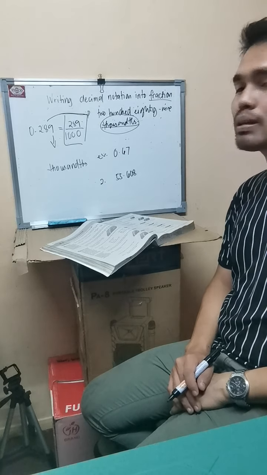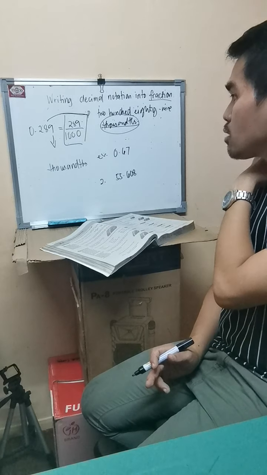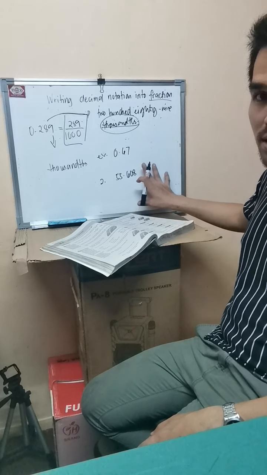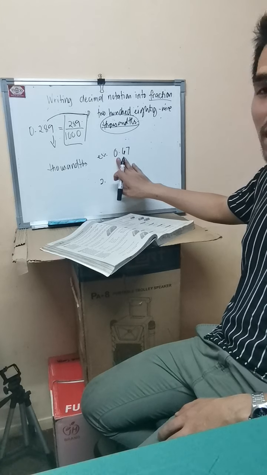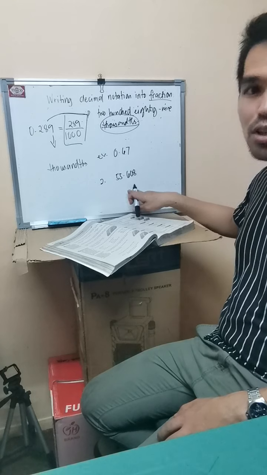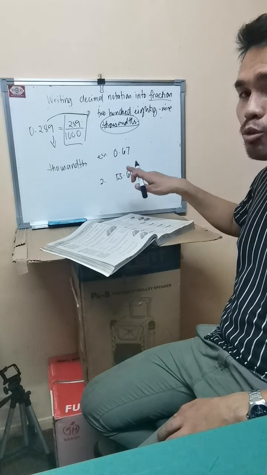Later, I'll reveal the answer. So the goal for this part of the practice work is that you will rewrite this decimal notation into fraction form, and the same thing for this one here, from decimal notation into fraction form.